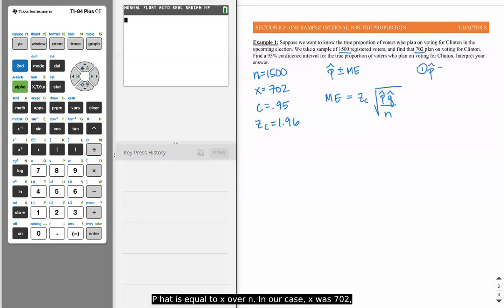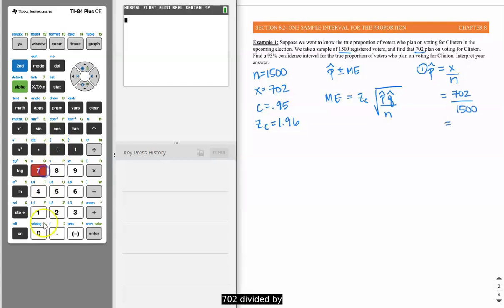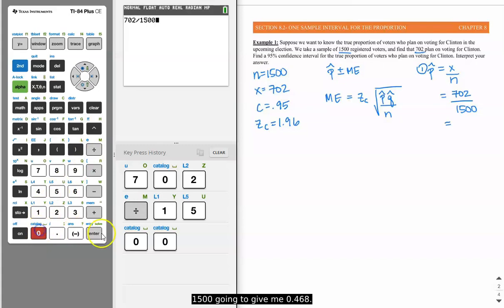So p hat is equal to x over n. In our case, x was 702 and n was 1500. So 702 divided by 1500 is going to give me 0.468.